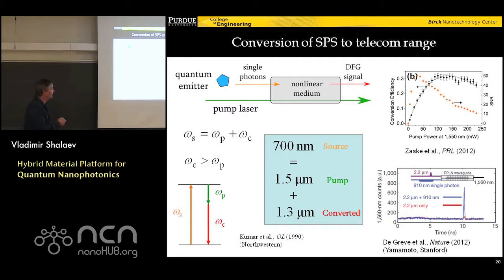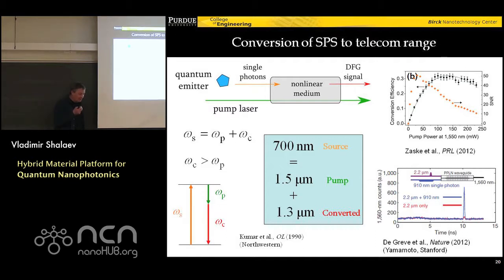And the way it could be done, let's say if I have a single photon at 700 nanometers, like in the case of nitrogen vacancy, and if I apply a pump at 1.5 micron, in this case many photons, because of the down conversion, you would also generate a single photon, but at 1.3 micron. So that's the way to convert a single photon from the visible to a single photon at telecom wavelength. So that's something to consider.